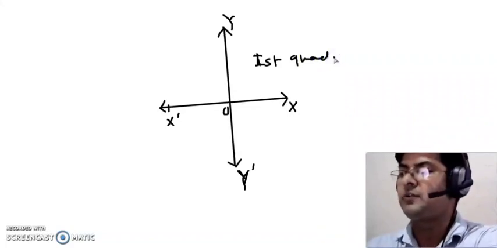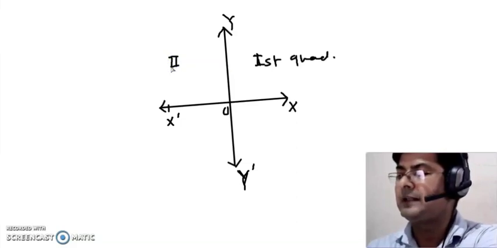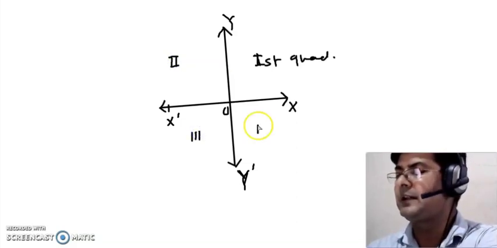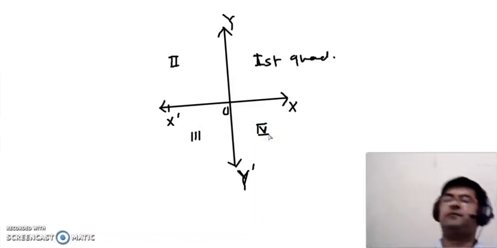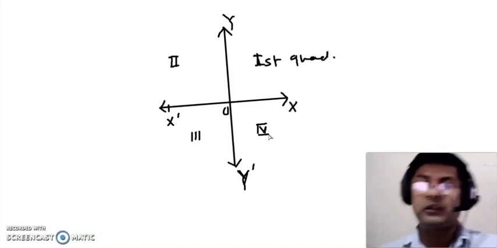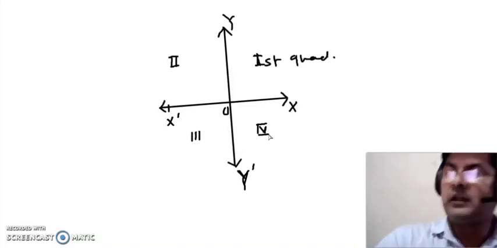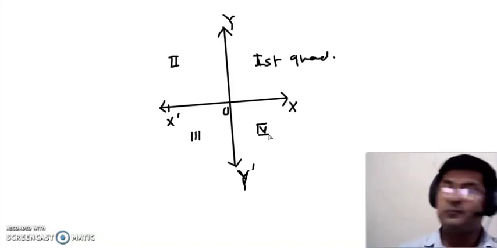Similarly, X dash OY is the second quadrant, X dash OY dash is the third quadrant, and Y dash OX is the fourth quadrant. Clear?